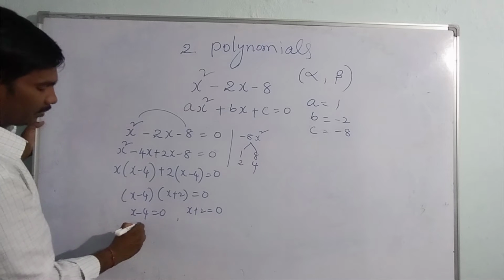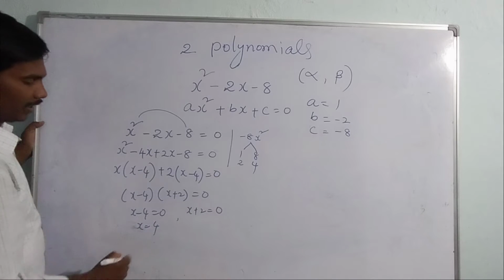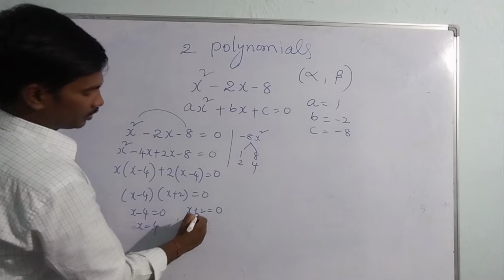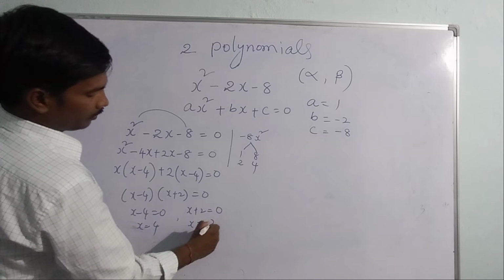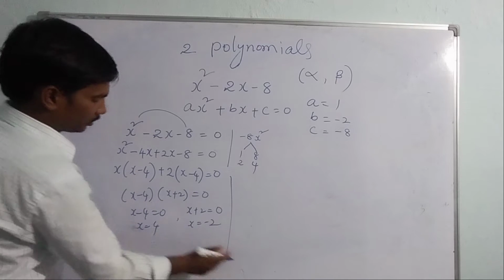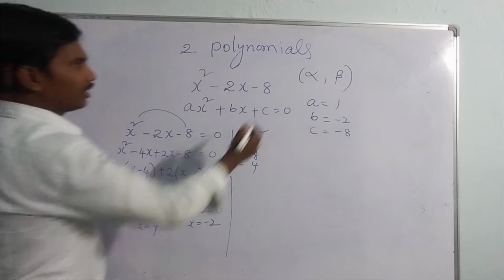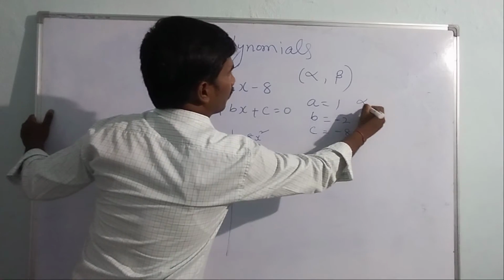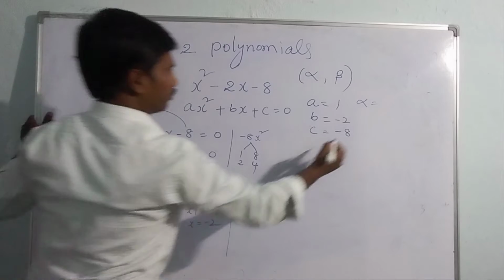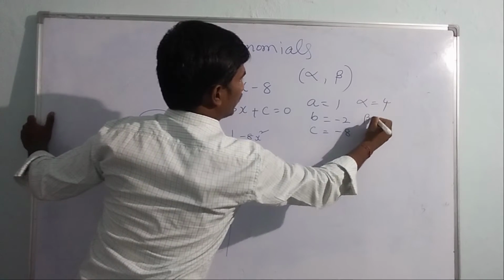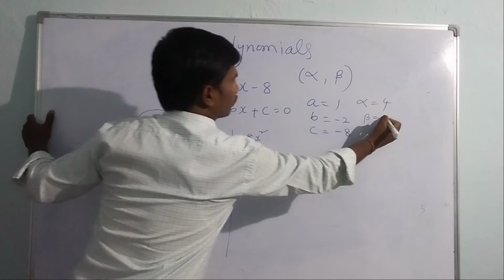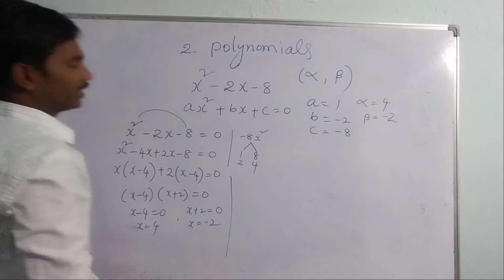From x minus 4 equals 0, x is equal to plus 4. From x plus 2 equals 0, x is equal to minus 2. So these two x values are the alpha, beta values: alpha value 4 and beta value minus 2. So the alpha, beta values came.